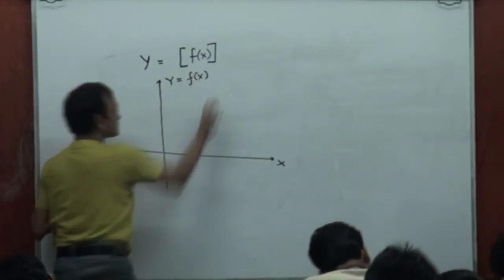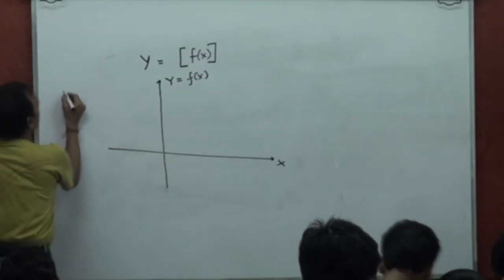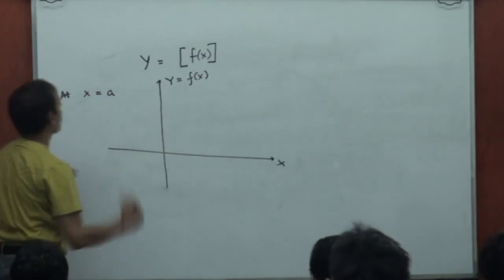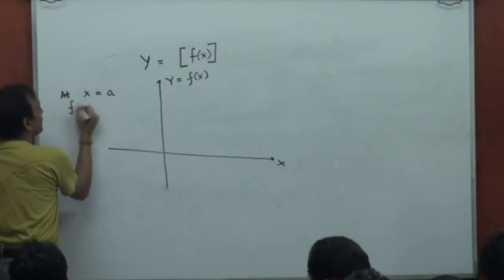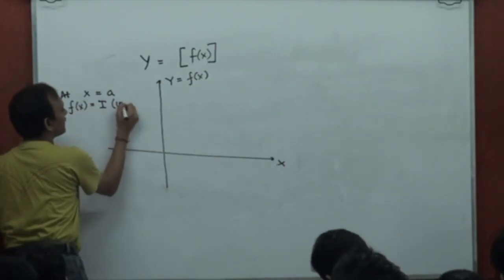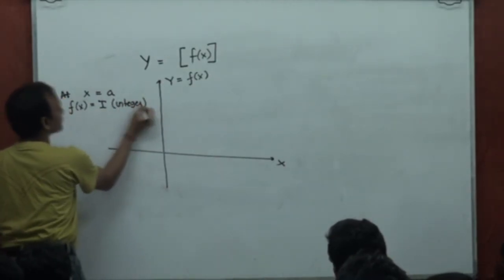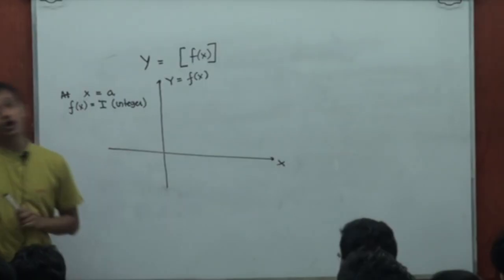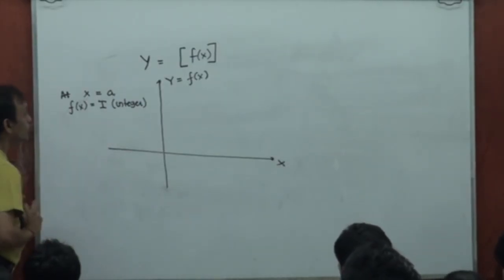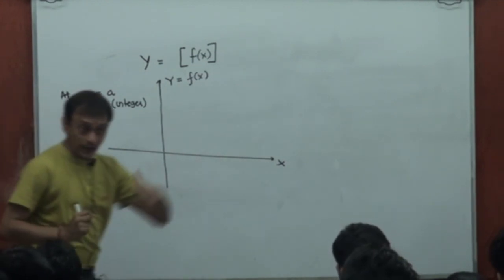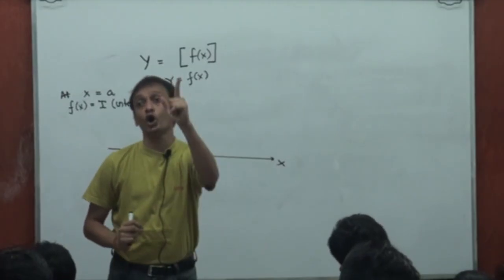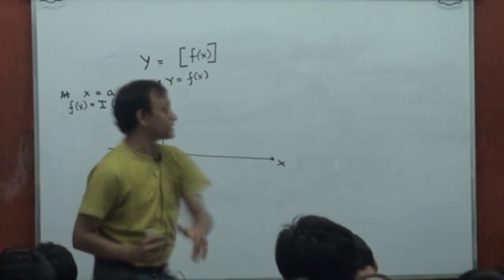Y equal to fx. At x equal to some real a, fx is an integer I, fx equal to an integer I, right? This is the case, and fx is also continuous. Now, one of the things is, at x equal to a, it could be monotonically increasing or it could be monotonically decreasing, right?